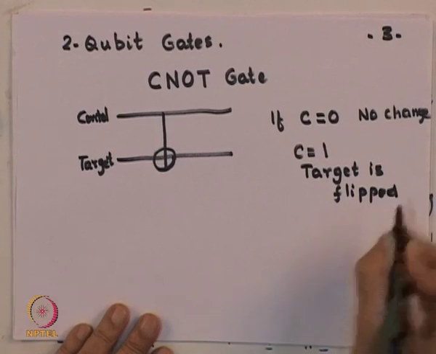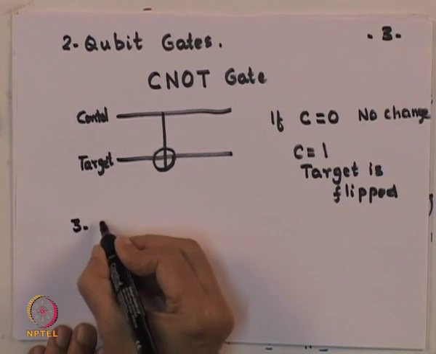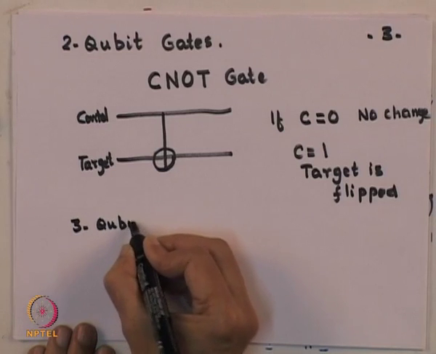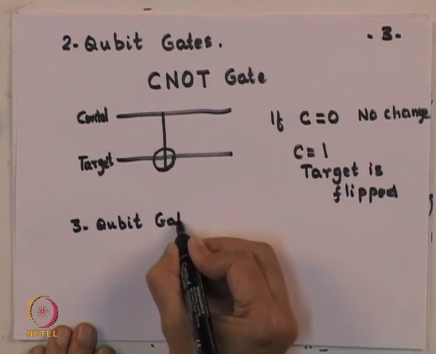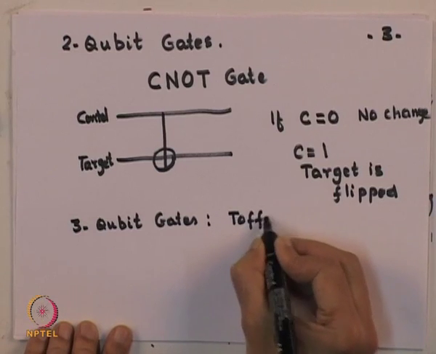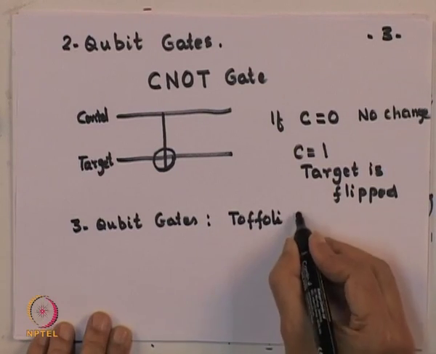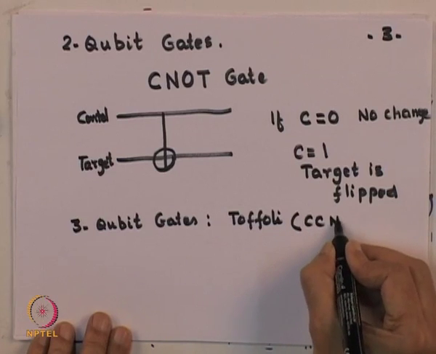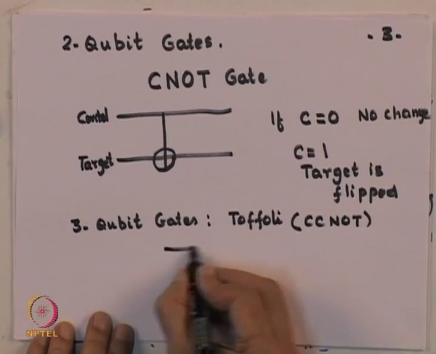We also talked about a few 3 qubit gates. The first one was the Toffoli gate, which is also known as a CCNOT gate, controlled controlled NOT gate, represented like this.